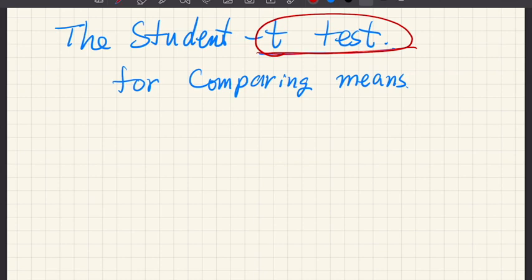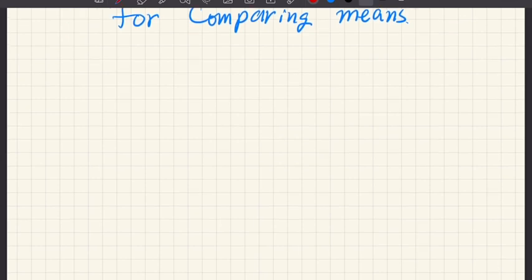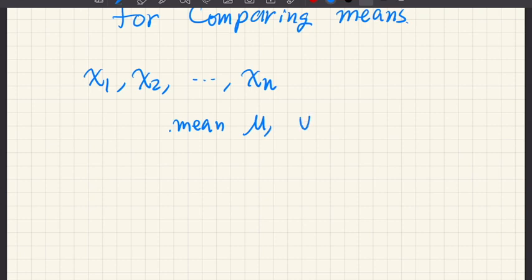Suppose we have samples x1, x2 up to xn, and these are generated from random variables with mean mu and variance sigma squared.